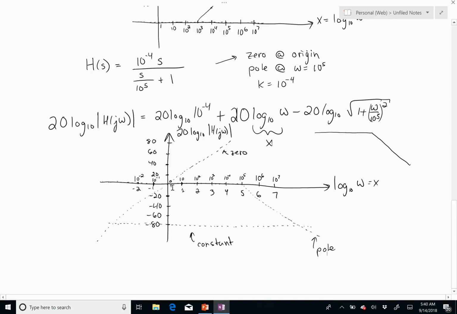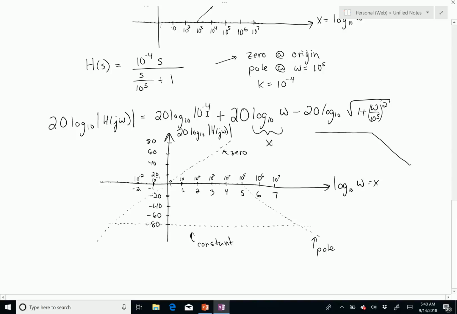Easiest thing for me to do probably is to say, well, right here, the zero is contributing 0. The pole is contributing 0. And the constant is contributing minus 80. Okay? So what that says is the sum of everything at that particular point is minus 80.